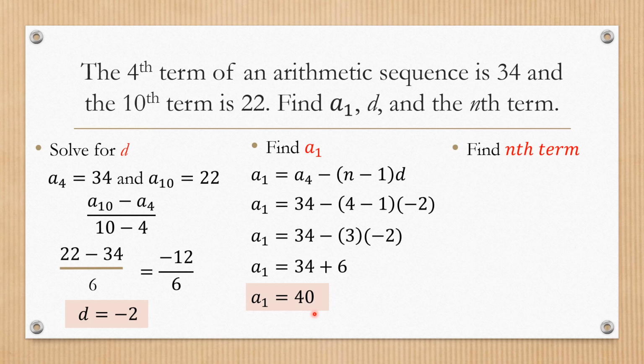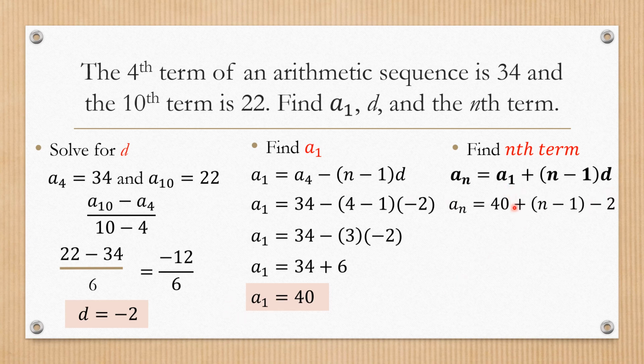Now we are ready to determine the nth term. The nth term can be obtained using the general rule for the arithmetic sequence, which is a sub n equals a sub 1 plus the quantity of n minus 1 times d. Substituting the values of a sub 1, which is 40, the value of n, which is missing, and the d, which is negative 2.